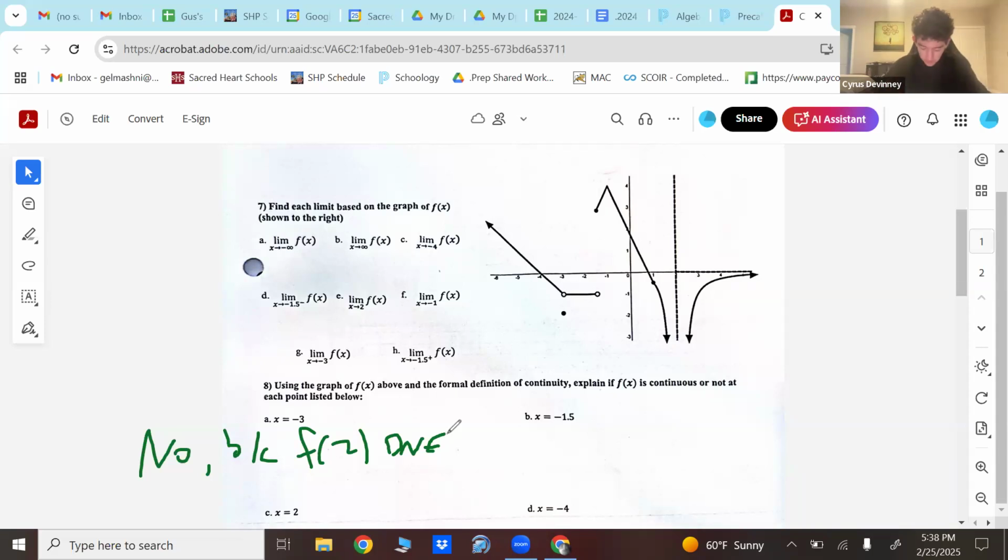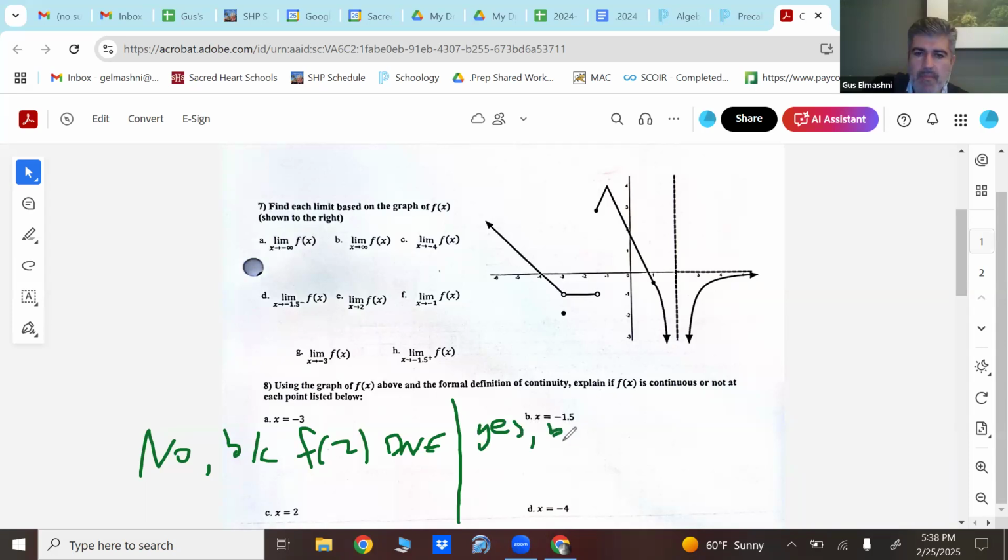Okay, and then for x equals -4. So x equals -4, yes. And that's because f of negative 4 exists.